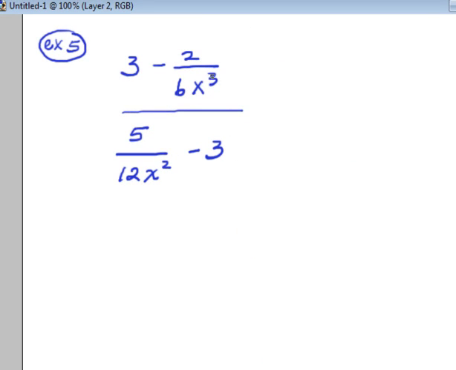In number 5, we have what we call a mixed quotient or a complex fraction. We want to get rid of these denominators just to simplify things. So we're going to multiply top and bottom here by the common denominator between 6x cubed and 12x squared. All right, so between 6 and 12 we have a common denominator of 12.